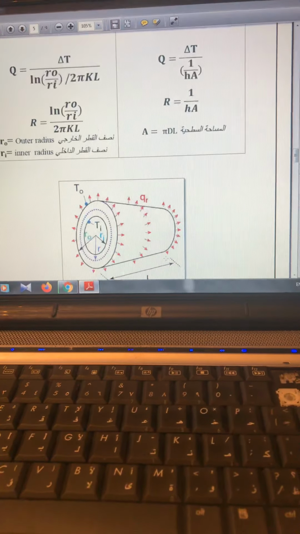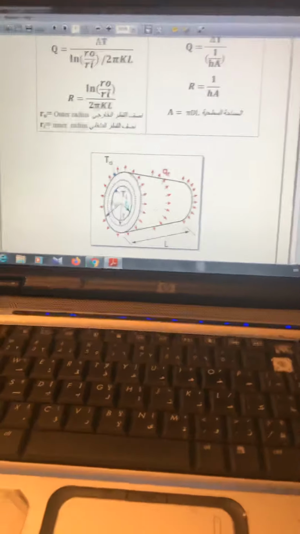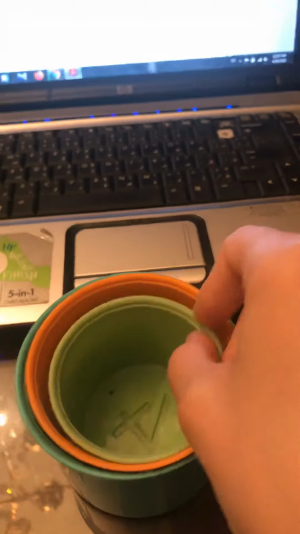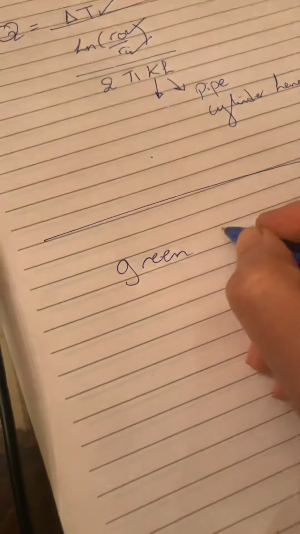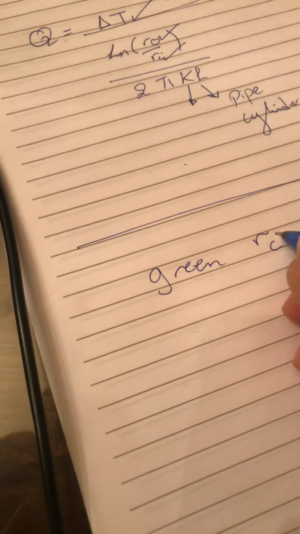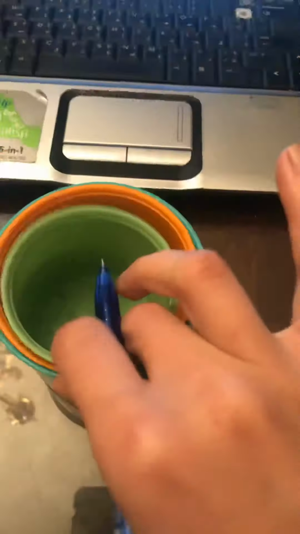If you can see, this is an explanation. So we can take an easy example. This is a toy for the kids. For example, the green one is R inside, so this will be R1.